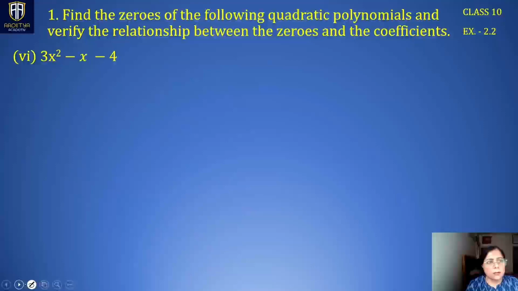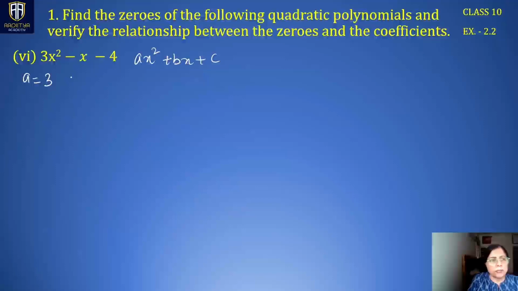So next, the last sum in this question is 3x square minus x minus 4. So now we can see that this is already in the standard notation. We can compare this with ax square plus bx plus c, right? If you want, you can write it for your convenience that coefficient of x square is a, which is equal to 3.